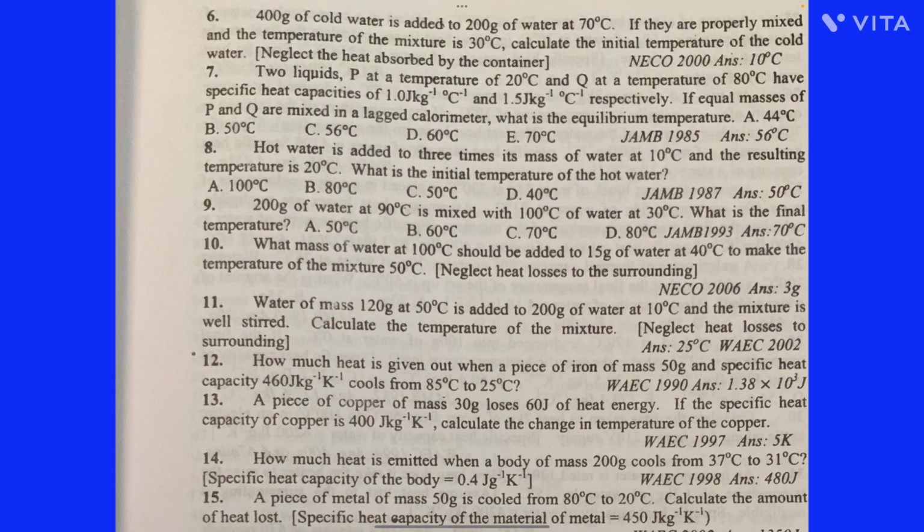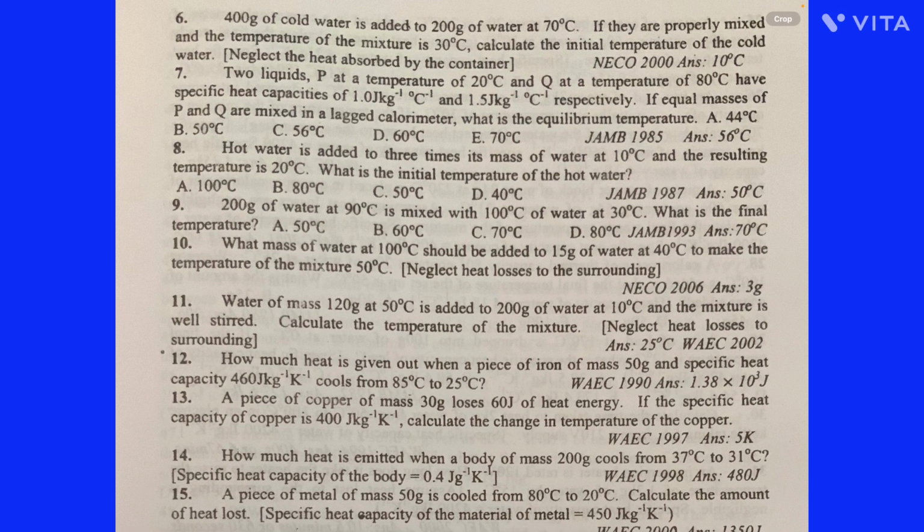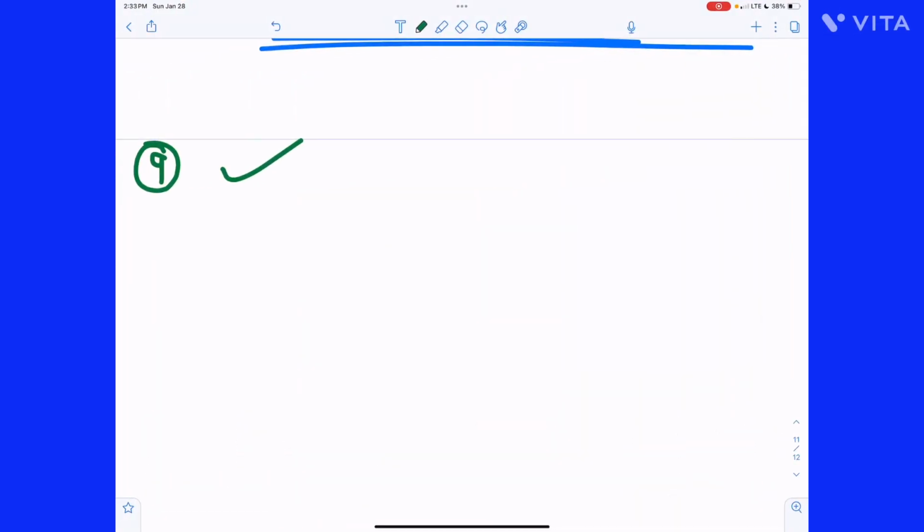Number 10. What mass of water at 100 degrees Celsius should be added to 15 grams of water at 40 degrees Celsius to make the temperature of the mixture 50? That means they are asking us for hot water, what mass of hot water? Let's call it question mark, we don't know.